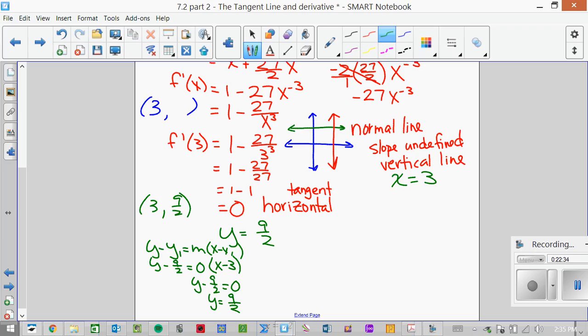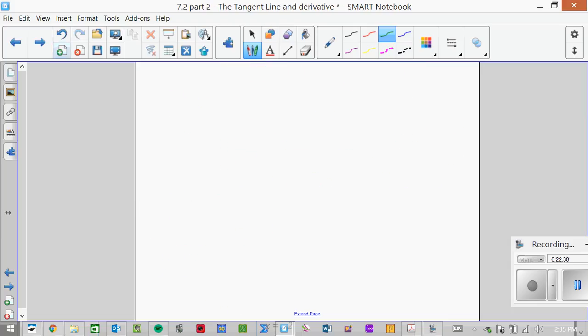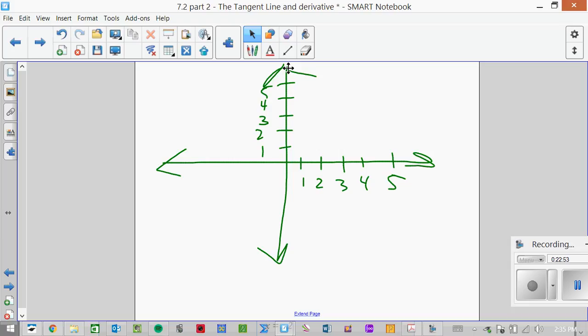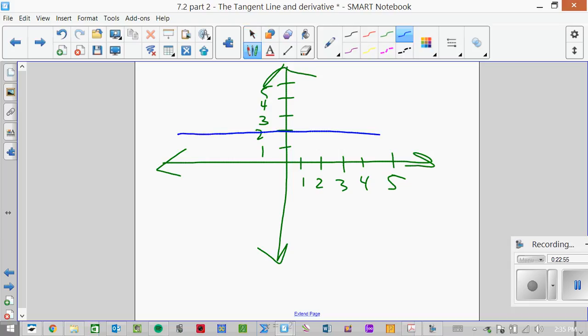Okay, so what's the equation of that line, girls? y equals 9 over 2.